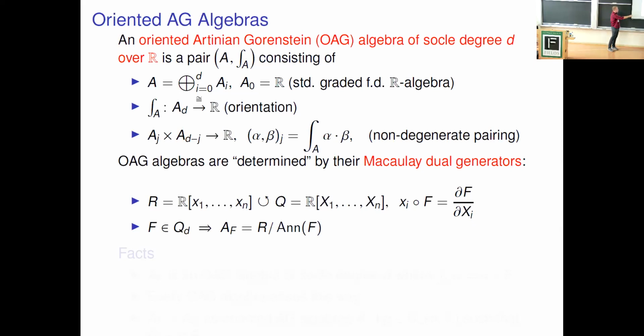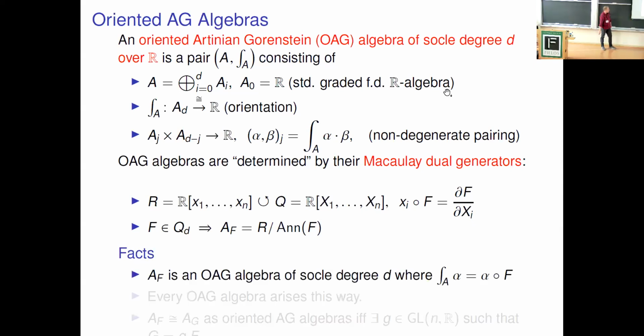That forms an ideal, and I can take the quotient and I get this algebra A sub F. A sub F turns out to be an oriented Artinian-Gorenstein algebra of socle degree d, where d is the degree of the function F. Moreover, it even comes with its own integral operator: I treat a degree d form as a differential operator on the degree d polynomial F, and I just apply it, and it gives me a real number. So it comes with a built-in orientation. And moreover, every oriented Artinian-Gorenstein algebra arises this way.